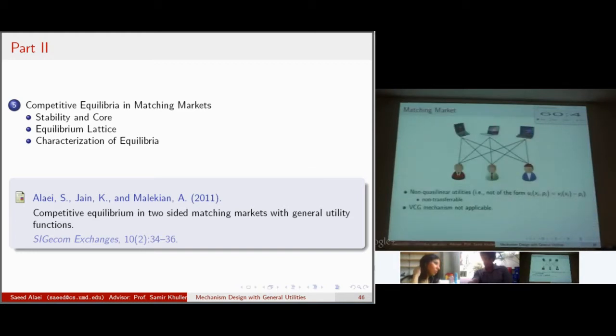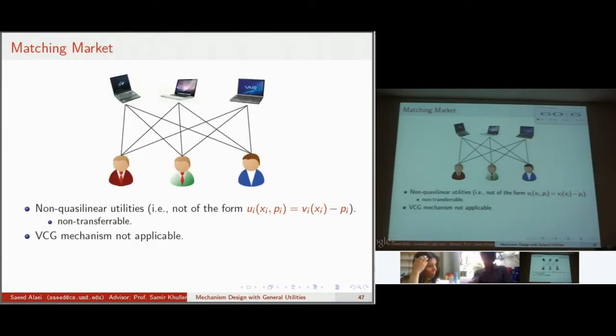Okay, so let's say you have a matching market, a matching problem, and the agents do not have quasi-linear utilities, which means their utility is not of this form. This is just some arbitrary decreasing function of the price. You want to compute a socially optimal outcome, but you cannot use the VCG mechanism because it requires quasi-linear utilities.